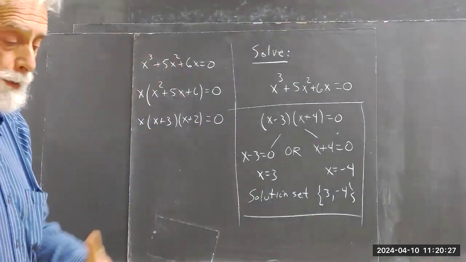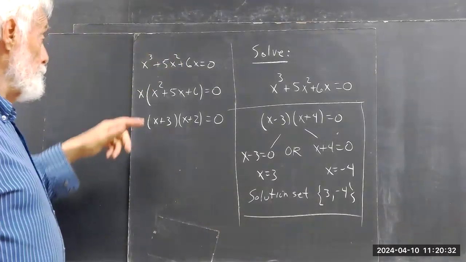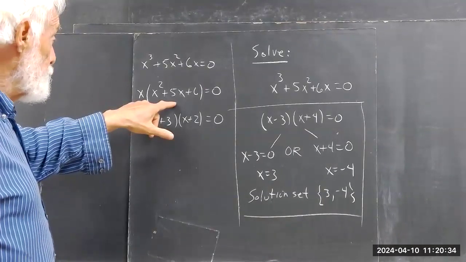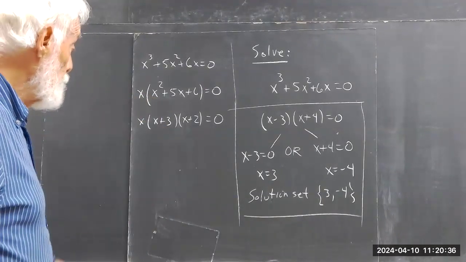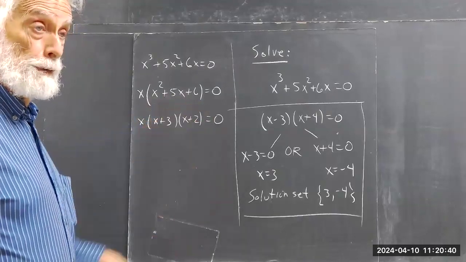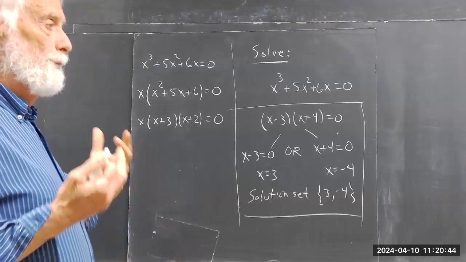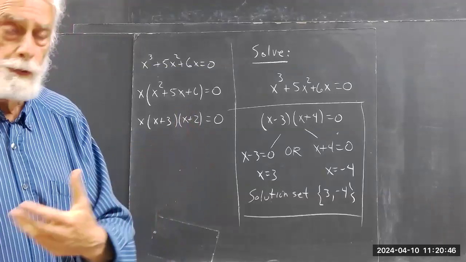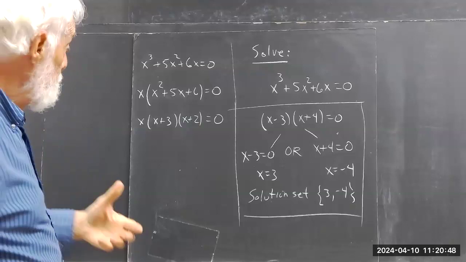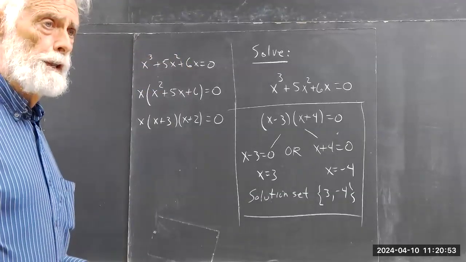We can write out all the possibilities and see which one works. And you want to do that. So once you have the x factored out, it's very easy to factor this particular quadratic. Now, some quadratics you can't factor. Well, you would have to use the quadratic formula, which we haven't talked about yet. Okay. But at this point, this thing is probably going to end up being factored.